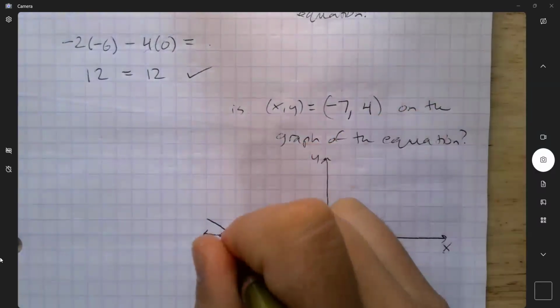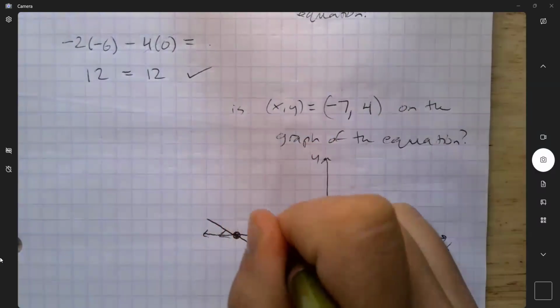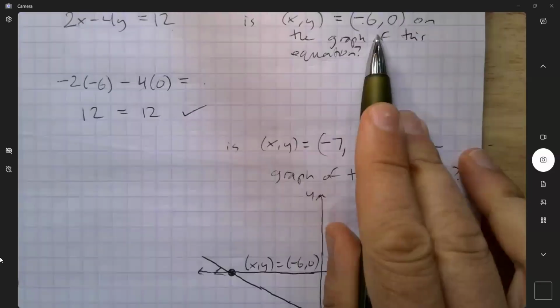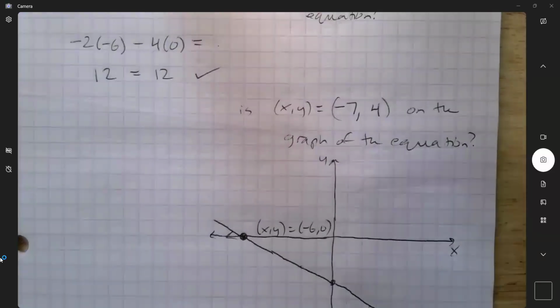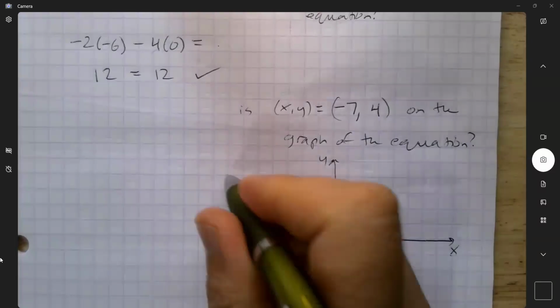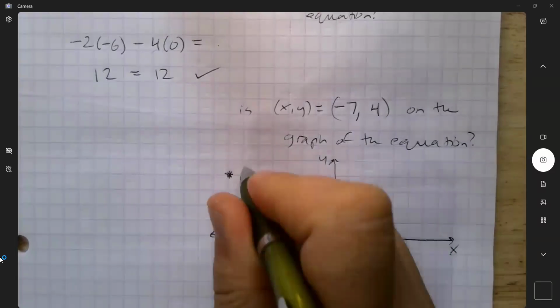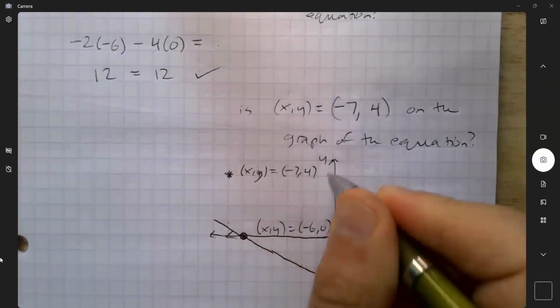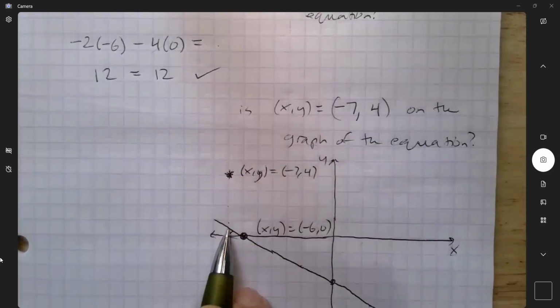Notice that point right there has coordinates xy equals -6, 0. It's on the graph. How about -7, 4? Well, that's this point right here. Yeah, that point is definitely not on the graph.